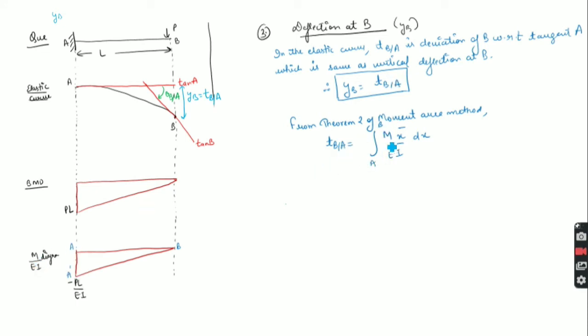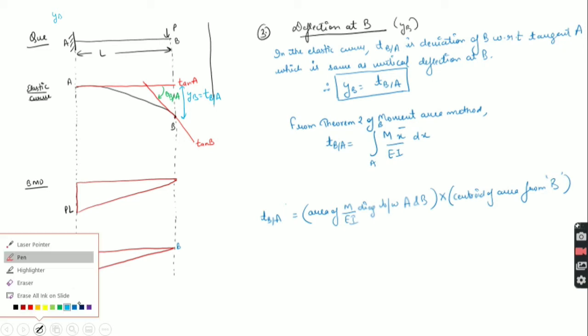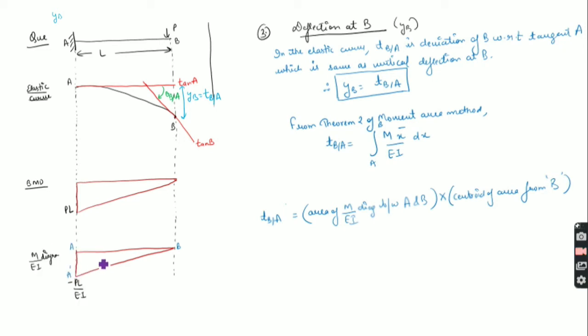So TBA will be the area of the bending moment diagram into the centroid, measured from point B. TBA is the area of the M by EI diagram between A and B into the centroid of the area from B. For example, this is the centroid of this triangle.